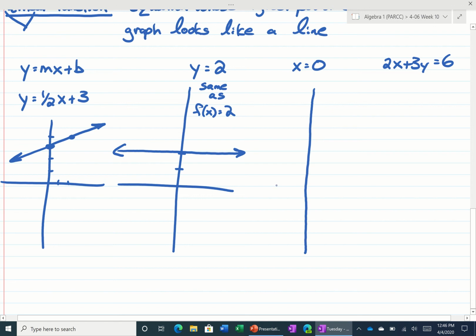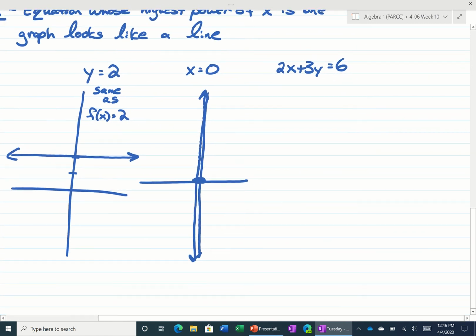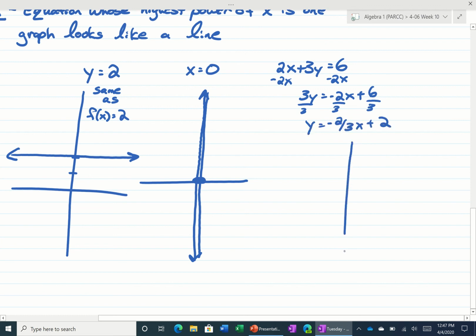Whenever you have x equals 0, that's a vertical line through the value x equals 0. And then one last one, the way that we graph this is we subtract 2x on both sides and divide everything by 3. And we get y is equal to negative 2/3 x plus 2. Now we could graph this. Down 2, over 3. That's what that graph would look like.